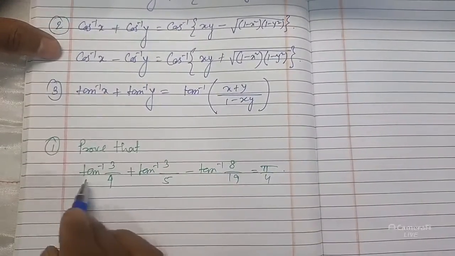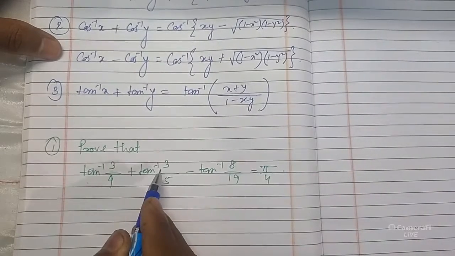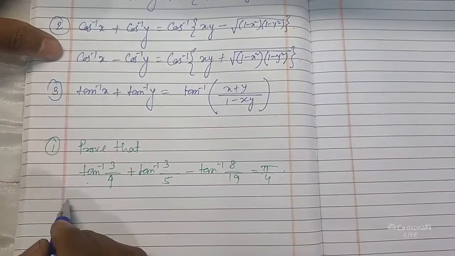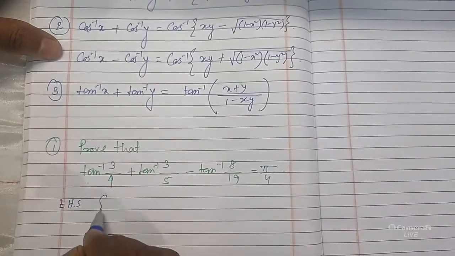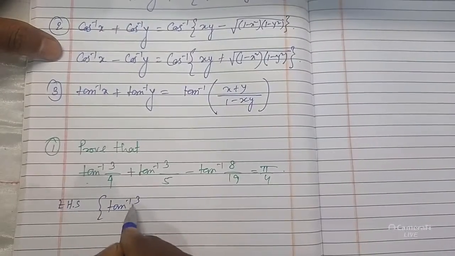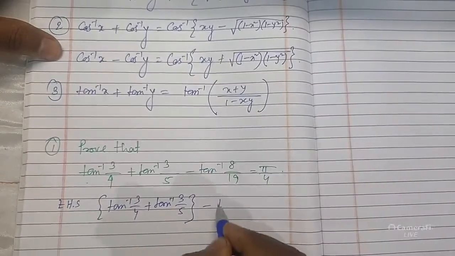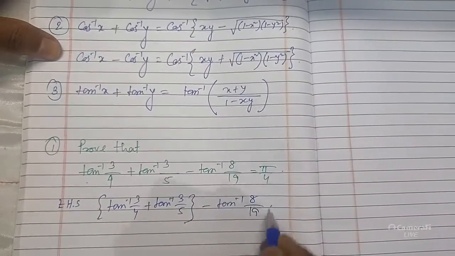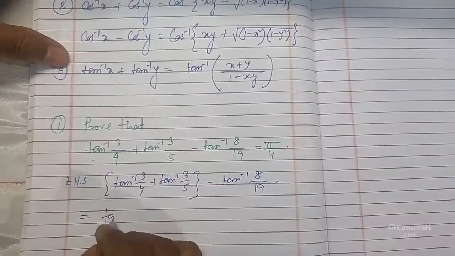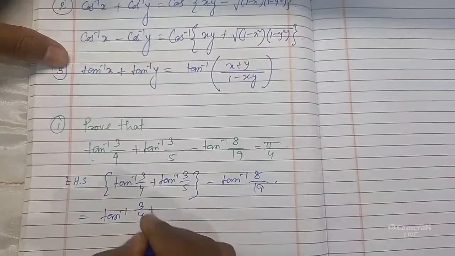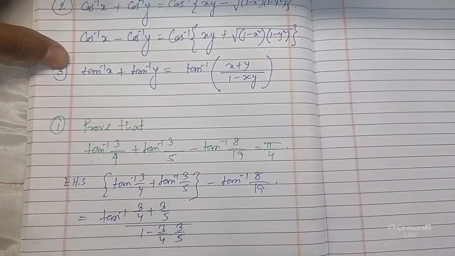See here, the first two inverse trigonometric functions, if we take them, are in the form of tan inverse x plus tan inverse y. So on the LHS, if we choose tan inverse 3 by 4 plus tan inverse 3 by 5 together and apply the formula, we will get tan inverse of x plus y divided by 1 minus xy.